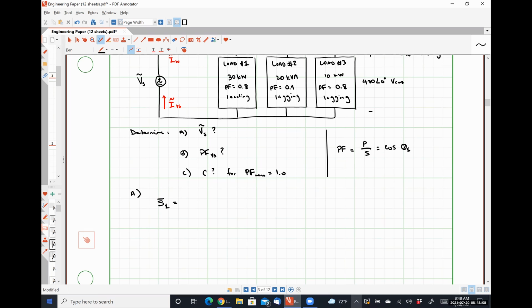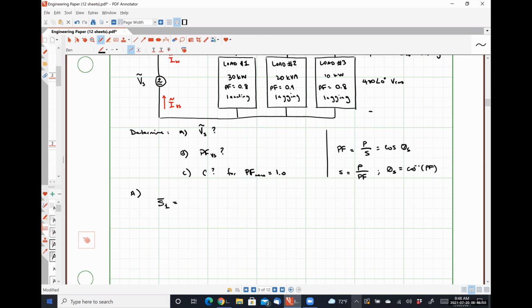So we could manipulate this and say that S, our apparent power, when we're not given it, is simply P divided by our power factor. And theta S, which we also aren't given, is simply the inverse cosine of our power factor.